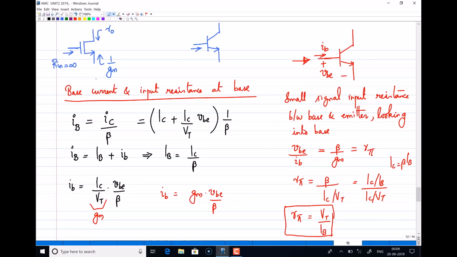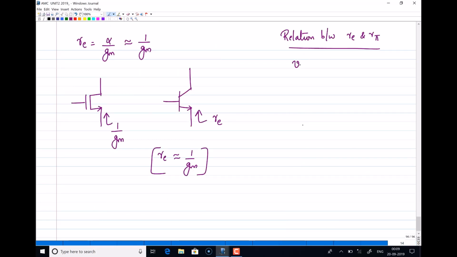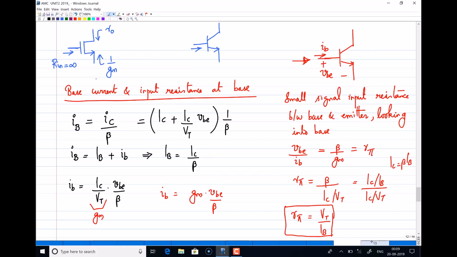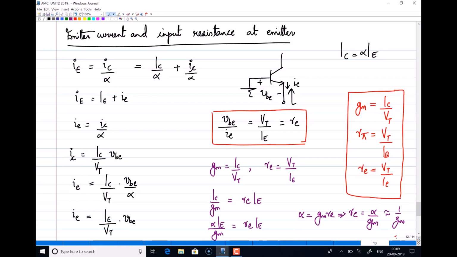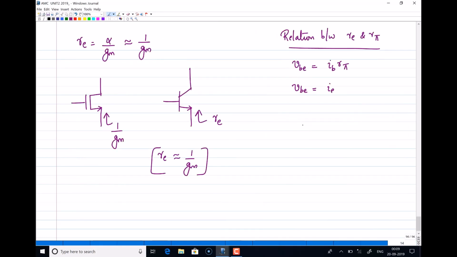I can say VBE is equal to IB into R pi, and from the second relation, I can write VBE as IE into RE.